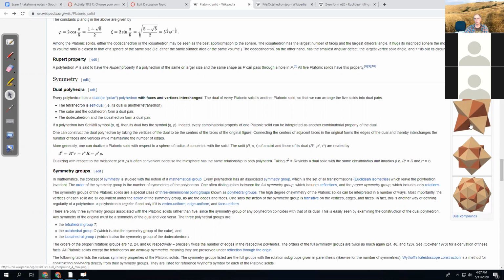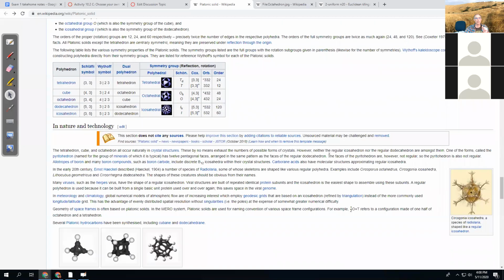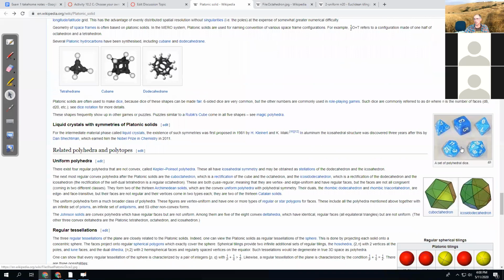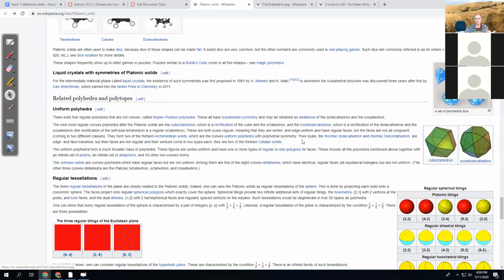So this right here is the tetrahedron merged with itself but rotated. Could we build that out of paper and glue and tape? And then there are things like these molecular versions. Oh, here's the dice I was talking about, that I have some games that came with.